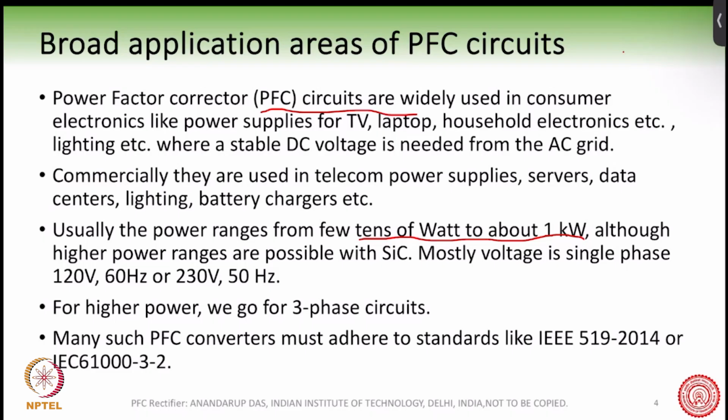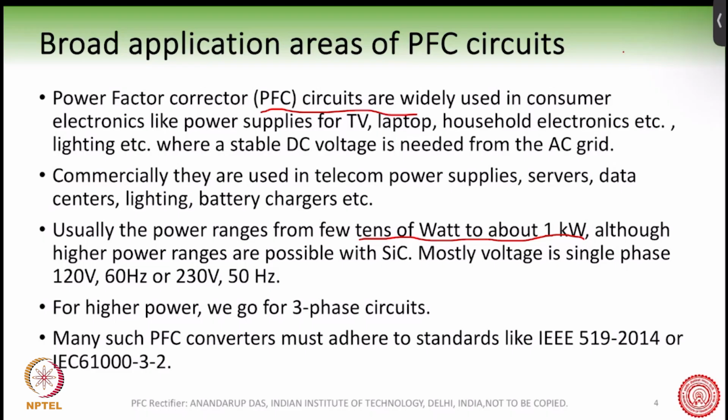Usually the power range of these laptop power supplies is less than 100 watt, typically 60 or 70 watts, and the voltage output is around 20 volts.